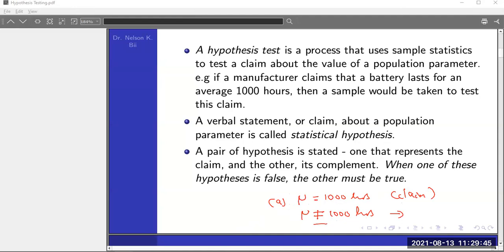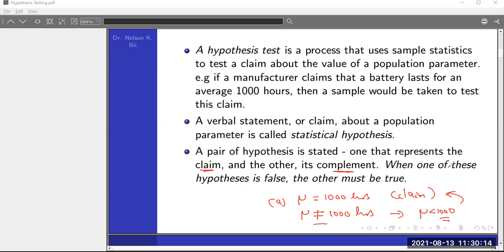Okay. And more specifically, what if the average life is less than 1,000? Then what happens? Will you be given warranty or otherwise? Will you be compensated for the loss or something like that? So one of the hypotheses represents the claim. The other one is the complement of that claim.